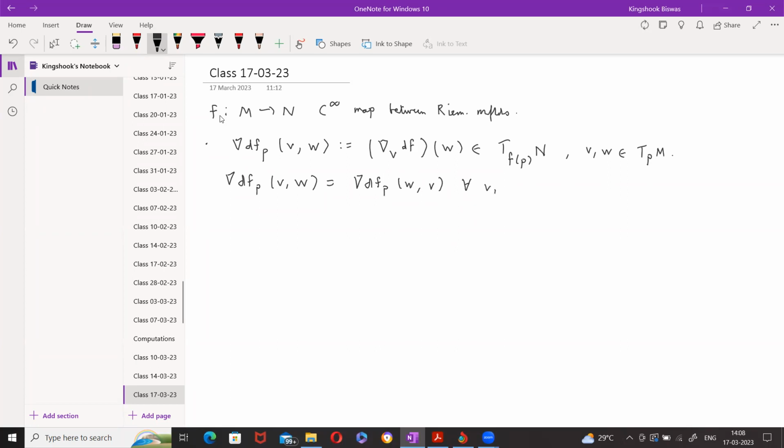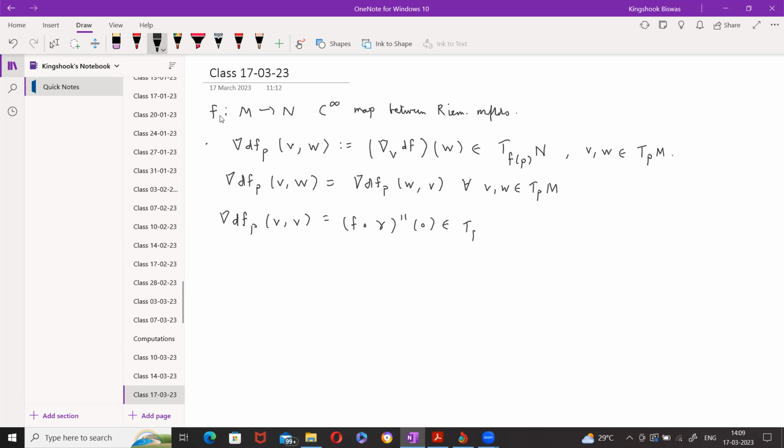And so it is determined by its values on the diagonal. On the diagonal, acting on a pair V, V, this could be written as a second derivative, (F composed gamma) double prime at 0.